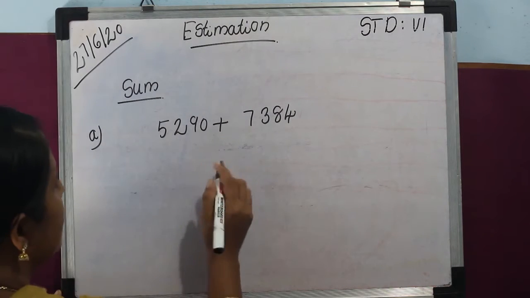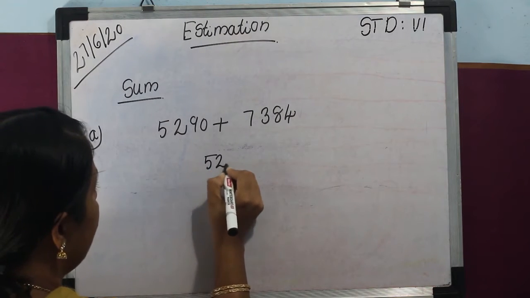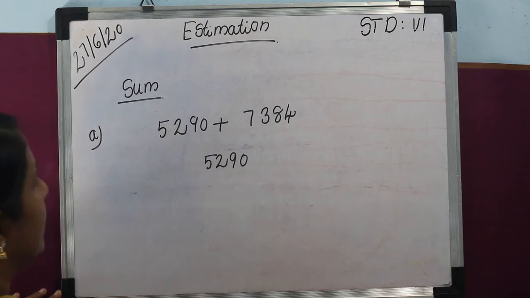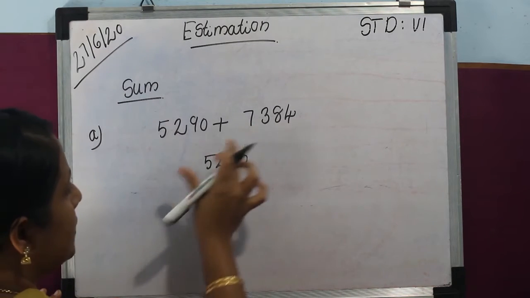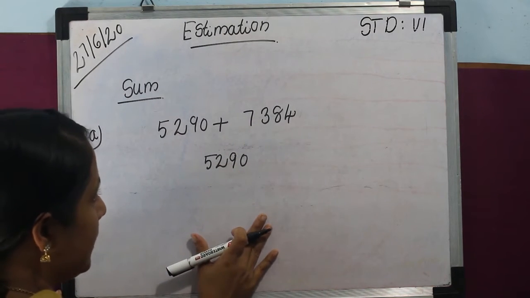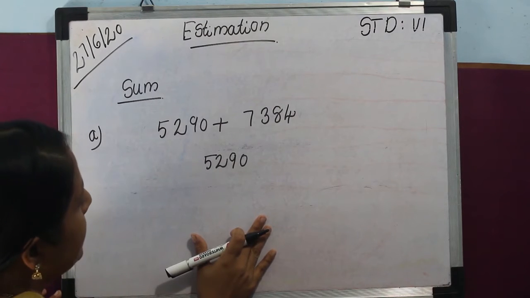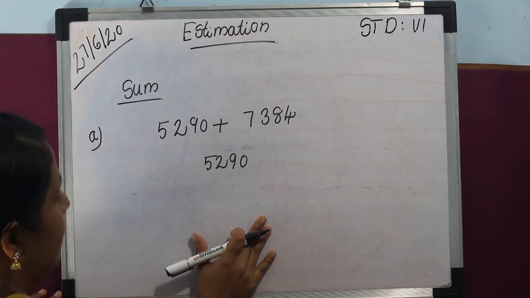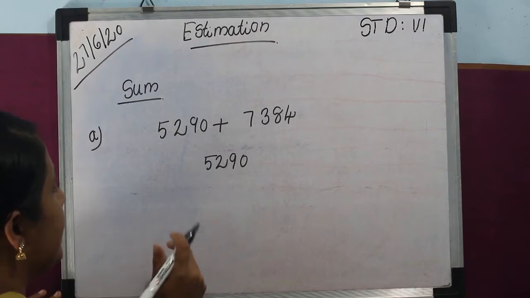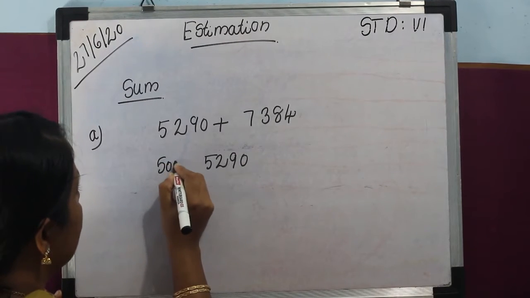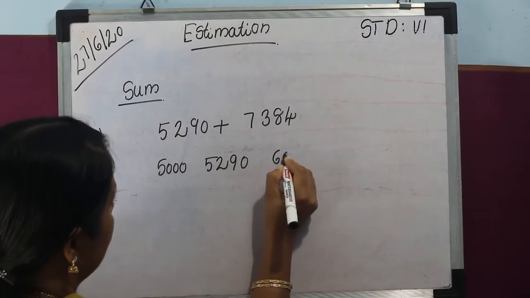So we take the first number, that is 5290. Both the numbers are 1000 based numbers. We know that 5290 lies between 5000 and 6000.